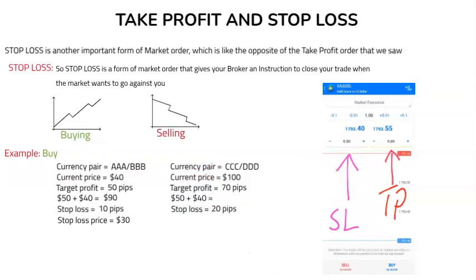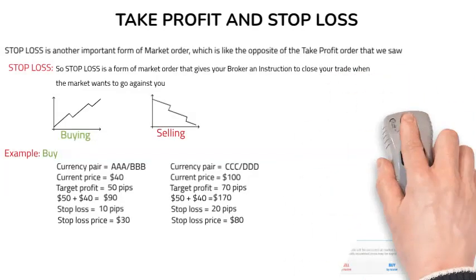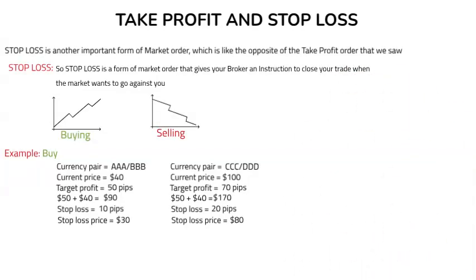My take profit will be at $170, while my stop loss should be at $80. So anytime the price wants to fall and it falls by 20 pips from $100 to $80, my broker, through the automation of the MT4, would close my trade for me, preventing me from further loss even if I'm not online.